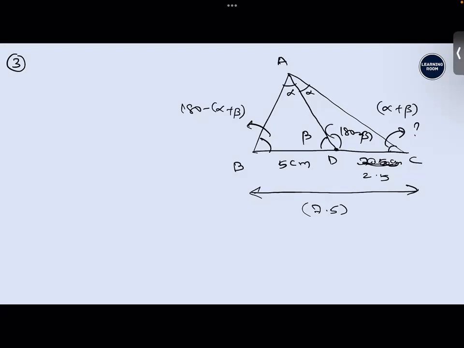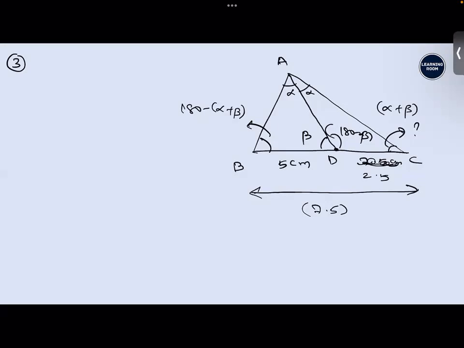For the fourth one, what are you trying to prove? You're trying to find out which two triangles are similar.